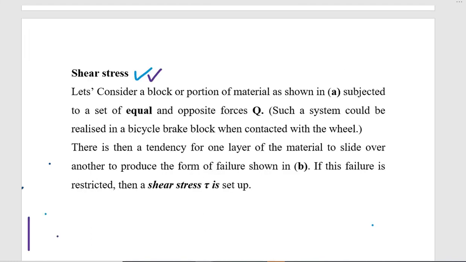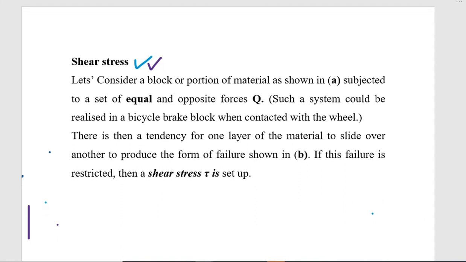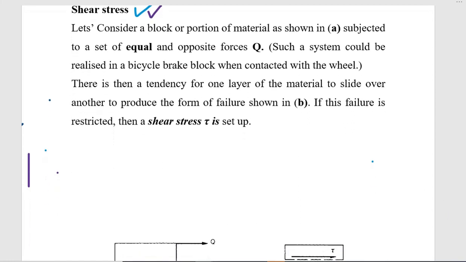So the material in A is subjected to a set of equal and opposite forces Q. Such a system could be realized in a brake block when contacted with a wheel. For example, let us look at a bicycle braking system.